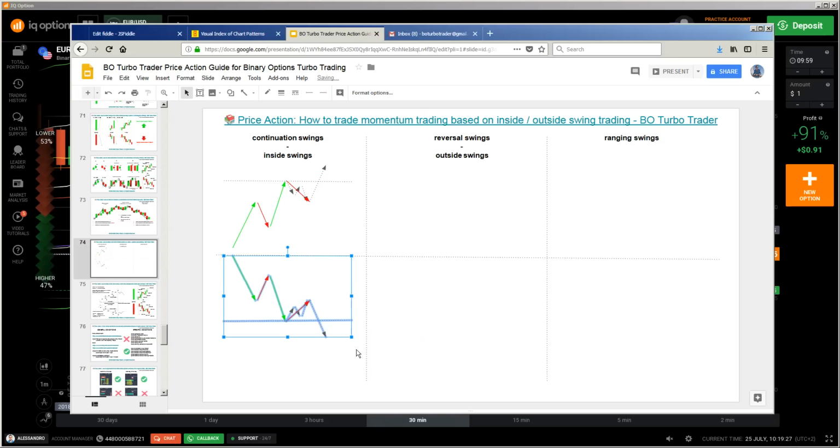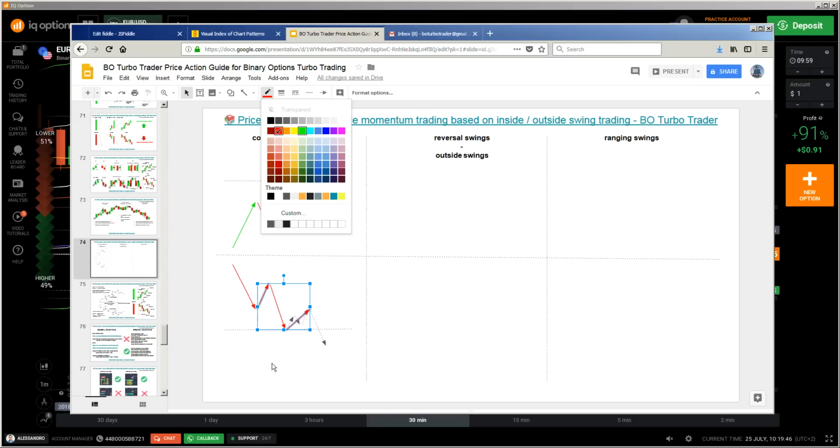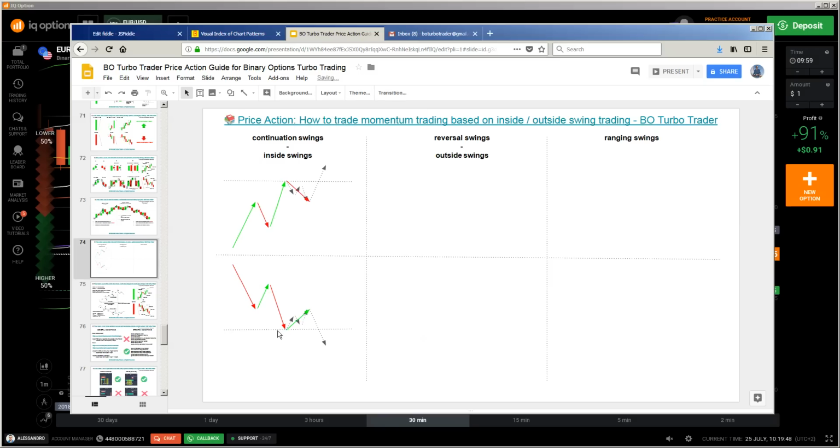So I will leave it in this case. And that is the same thing. You see the inside. I have to change the colors. And you see here the same behavior.